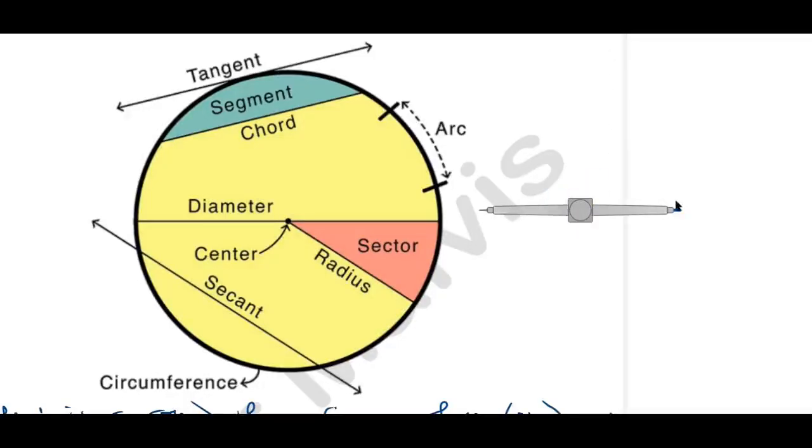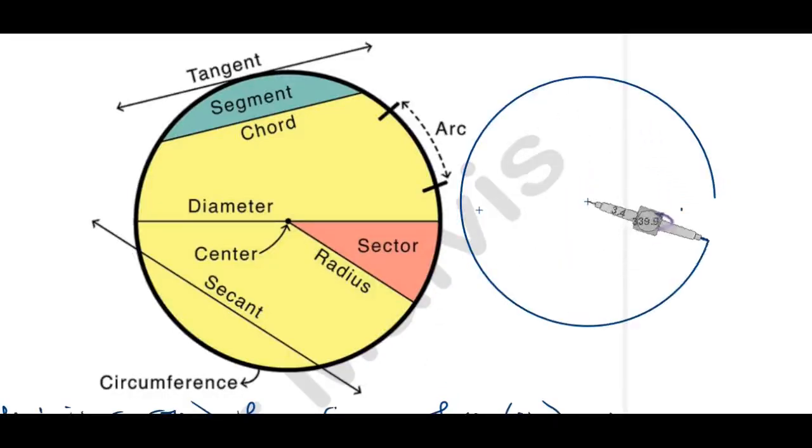So for instance, let's have a circle. Now let me draw a smaller one so that you can relate with what I'm about to talk about. Now I have this circle, and this is the center, for instance.